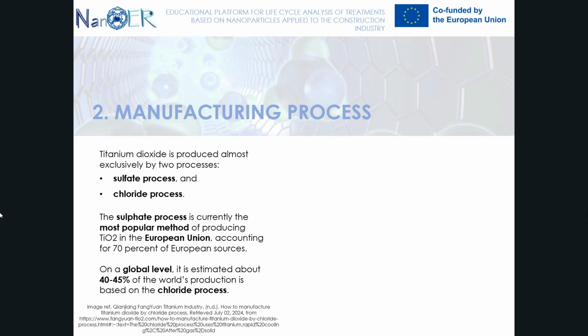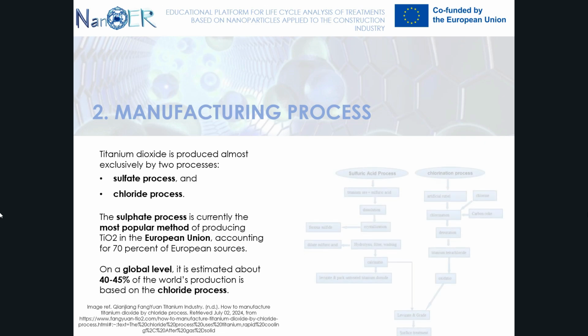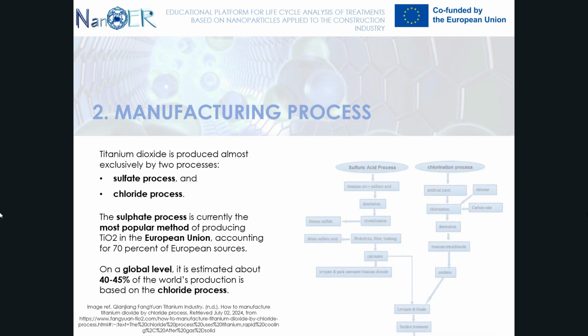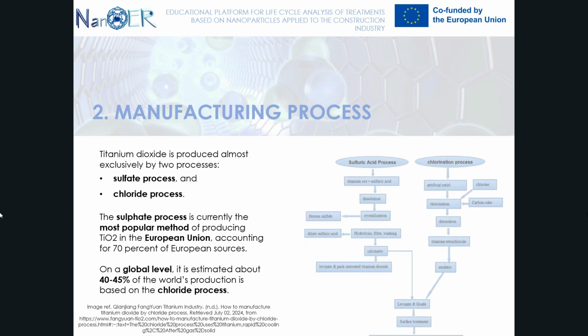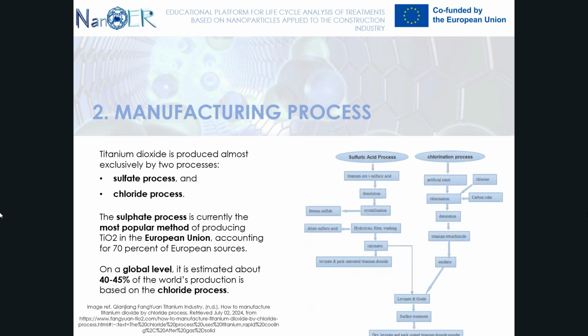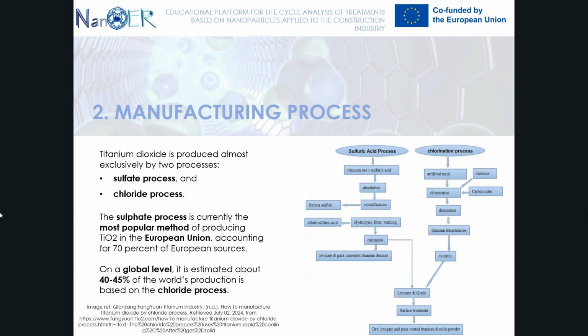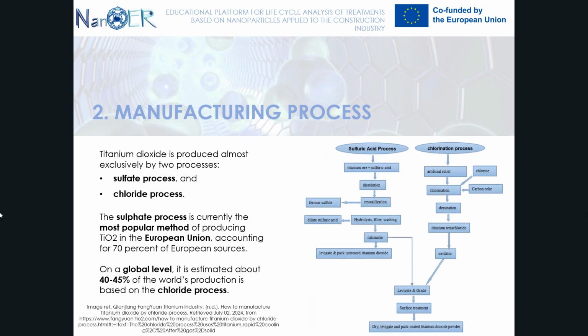From this, or an enriched derivative, there are two main production methods to convert titanium-containing ores into pure titanium oxide: the sulfate or the chloride process. Of the two methods of extraction, the sulfate process is currently the most popular method of producing TiO2 in the European Union, accounting for 70% of European sources.